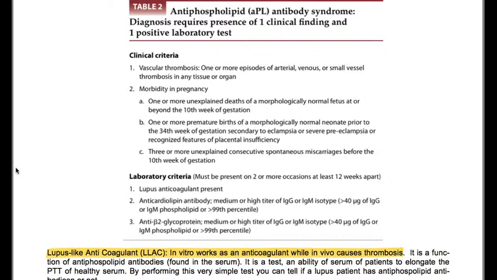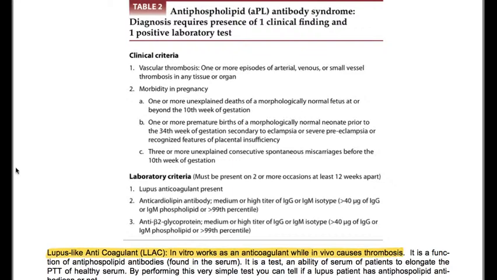Then morbidity in pregnancy: one or more unexplained deaths of a morphologically normal fetus at or beyond the 10th week of gestation, one or more premature births of a morphologically normal neonate prior to the 34th week of gestation secondary to eclampsia or severe preeclampsia or recognized features of placental insufficiency, then 3 or more unexplained consecutive spontaneous miscarriages before the 10th week of gestation.